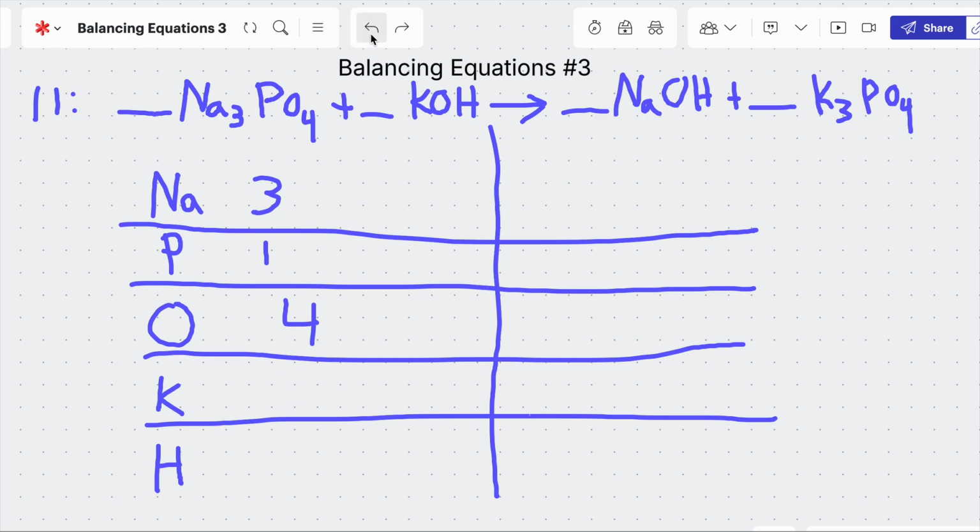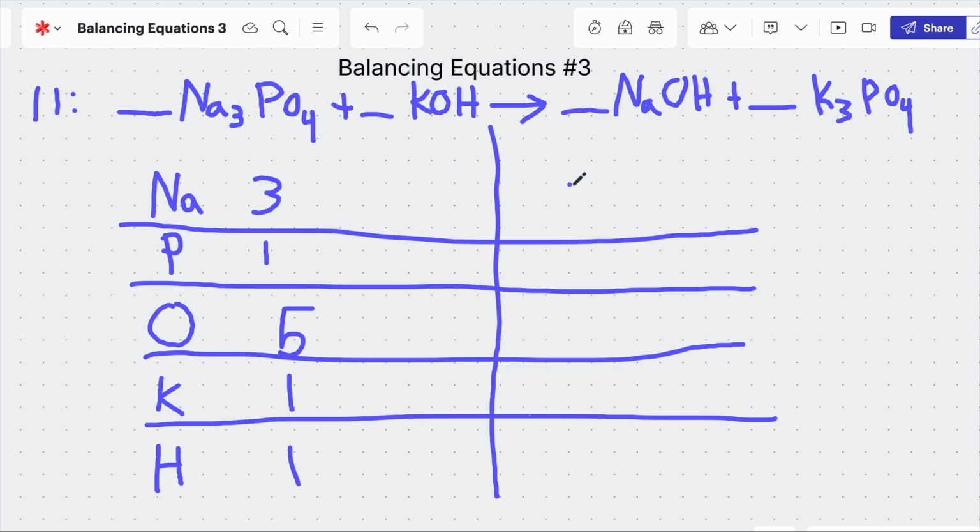Oh, I messed up. O's, we got that 4 here, and then we got 1 more right there. So that's going to be at 5, actually. K's, just got that 1 in front, so that's a 1. And H's, no number in front. We actually don't have a 1 in front of either of these, but there's no number. That means it's 1. Okay, on to the other side.